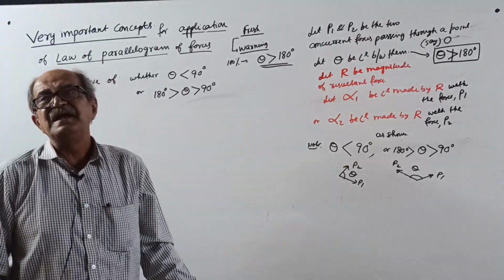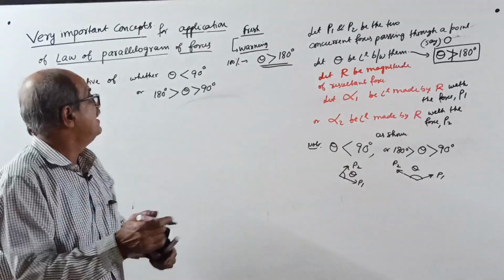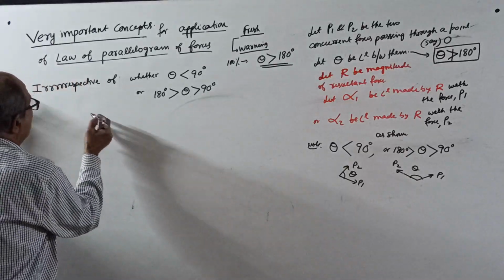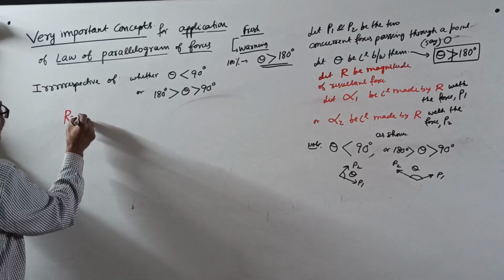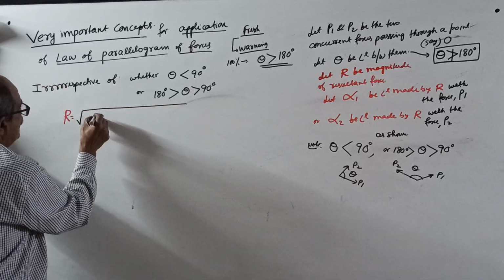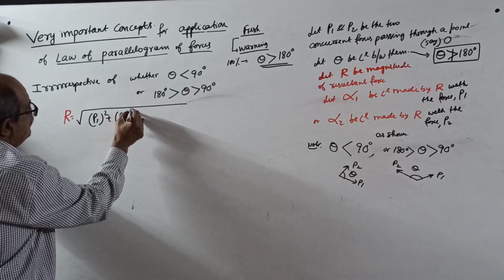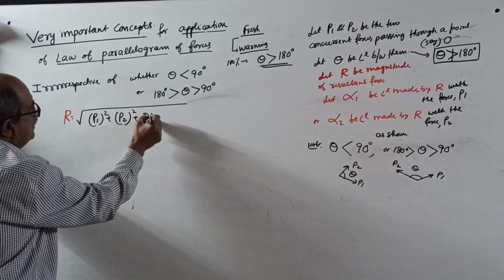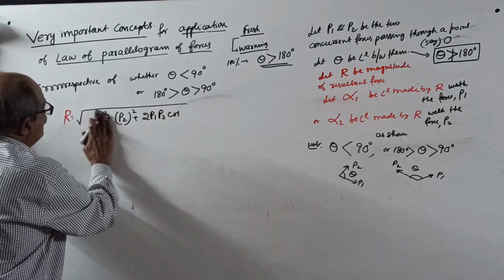If it is exactly 90, direct case. When inclined between them, only the triangle law applies. Remember, I will write here, R equals square root of P1 square plus P2 square plus 2 P1 P2 cos theta. Okay, no bracket. Why?